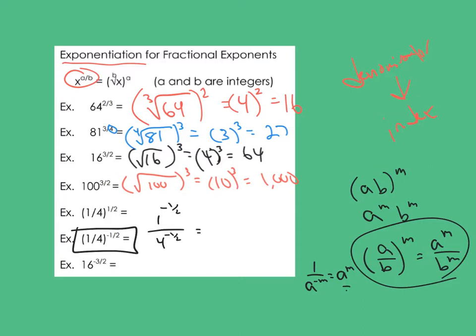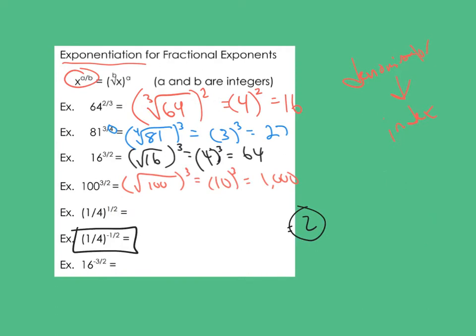So 4 is going to be raised to the 1/2 in the numerator, and it becomes positive. 1 ships down, and that becomes positive. So essentially what I'm looking at is the square root of 4 over the square root of 1, which is just 2. Wow, that was a lot of work to get all the way to 2.